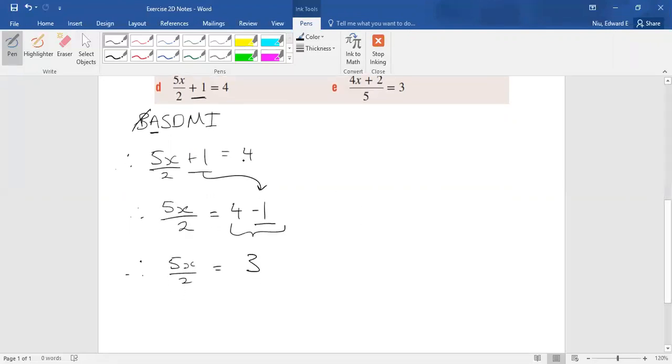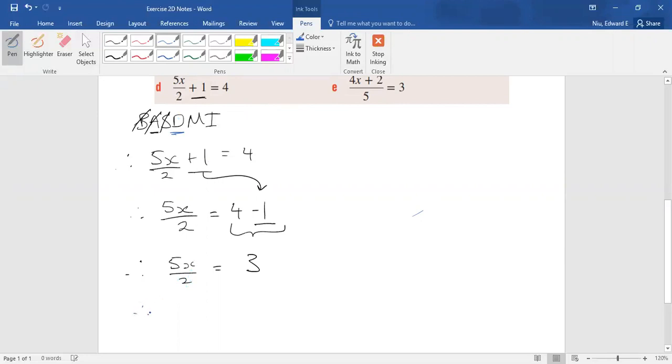And now we've figured out there's no addition anymore because we got rid of the plus 1 term. We then look: 5 times x on 2 equals 3. Do we have any subtraction? No, but we do have a division term. Right here, we've got the divide by 2.